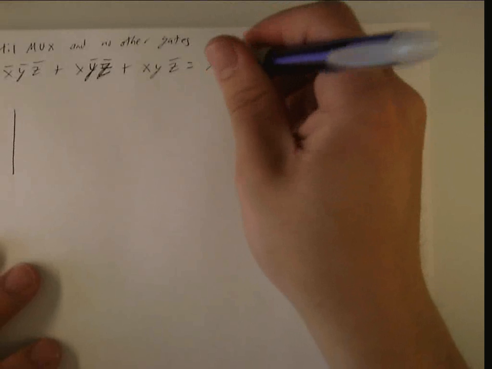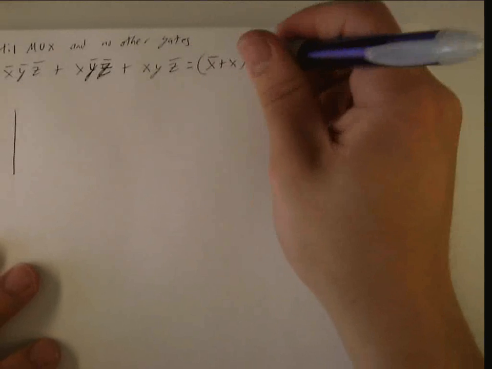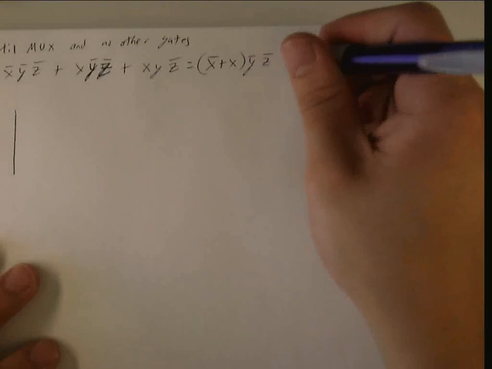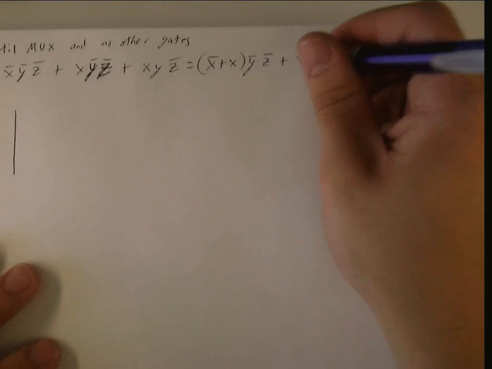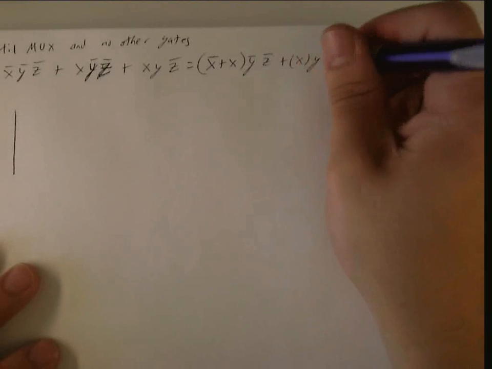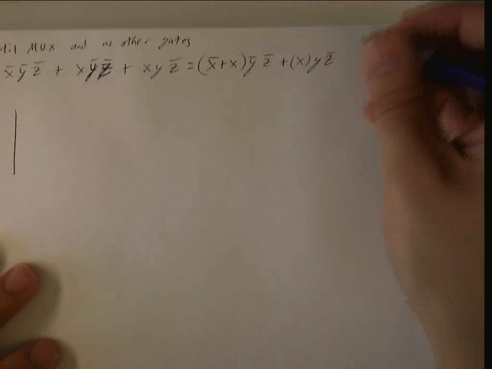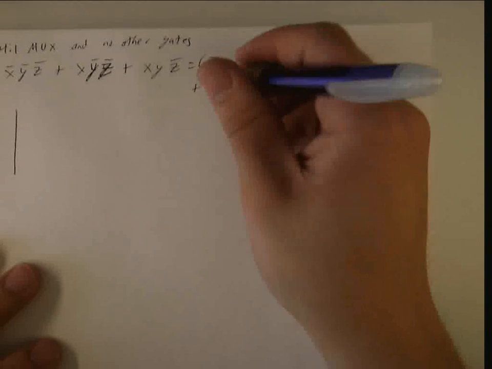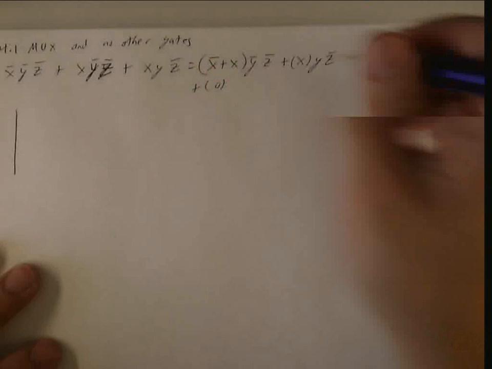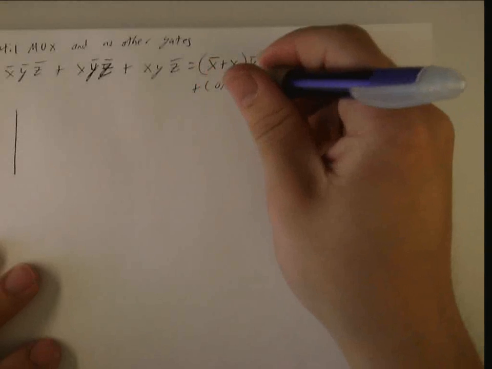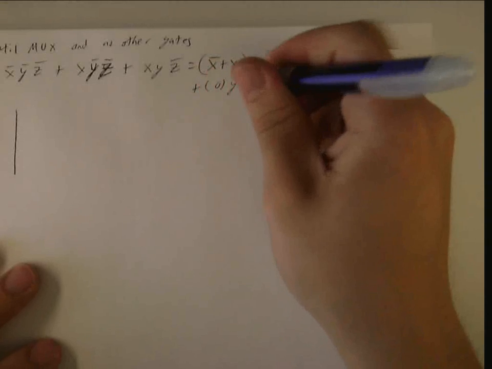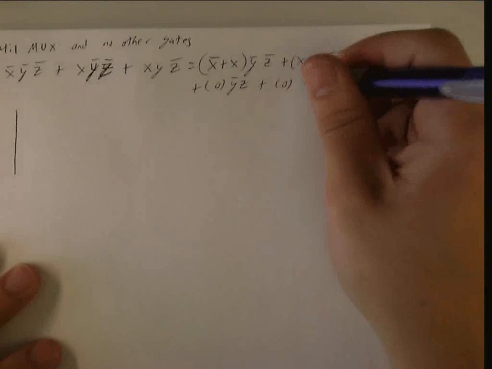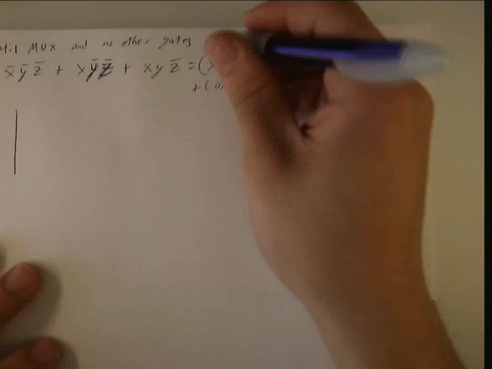So this is X bar or X, Y bar, Z bar, or X, Y, Z bar. I can also essentially add 0 with the Y bar Z, or 0 with Y, Z. And so I'm going to be putting zeros into these minterms, X into this one, and 1 into this minterm.